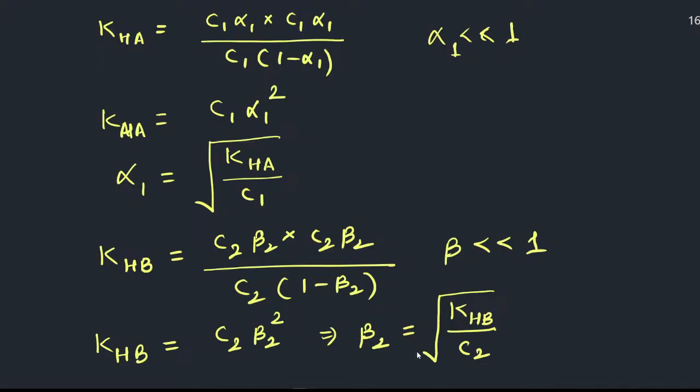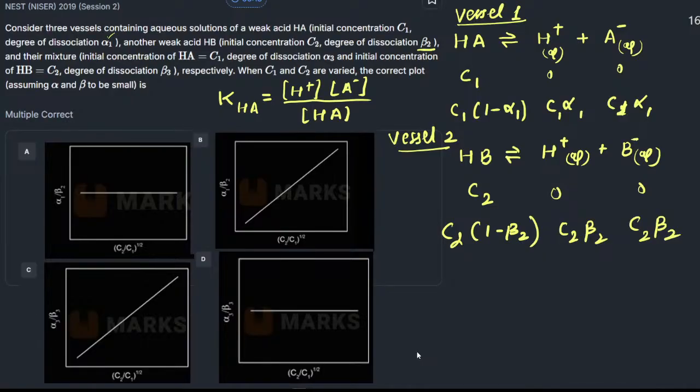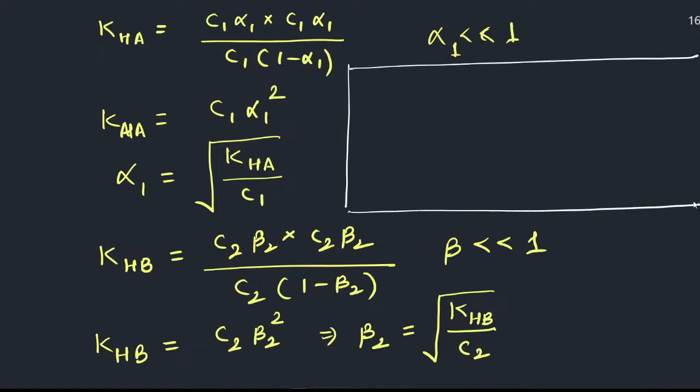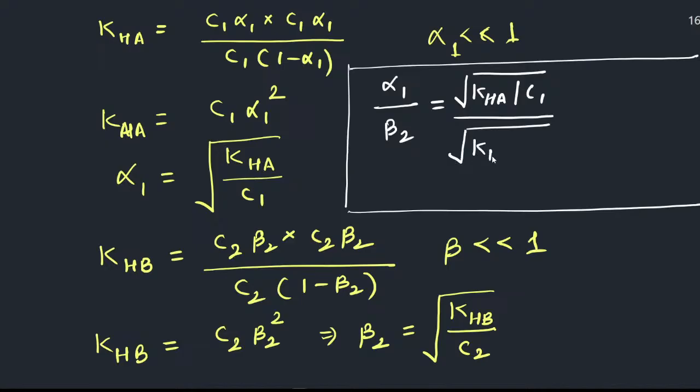So alpha 1 by beta 2 is equal to square root of KHA upon C1 divided by square root of KHB by C2.